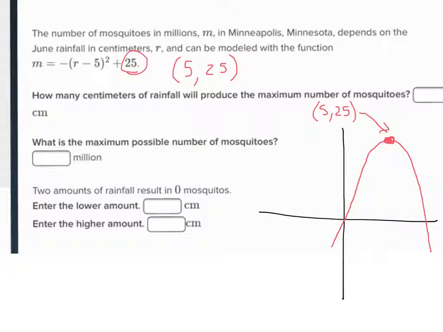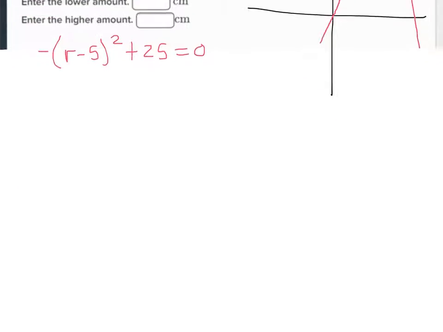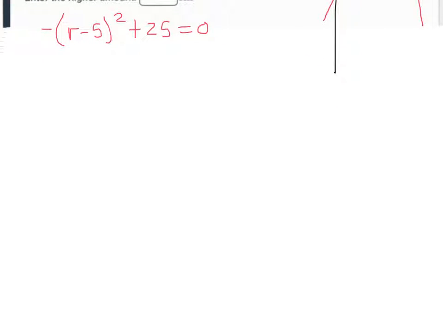Now, before we answer our questions, they also want to know when the total amounts of rainfall result in 0 mosquitoes. That tells us to take our function and set it equal to what? 0. So I'm going to write negative parentheses r minus 5 squared plus 25 equals 0. And I want to solve that equation. So we're going to subtract 25 from both sides.